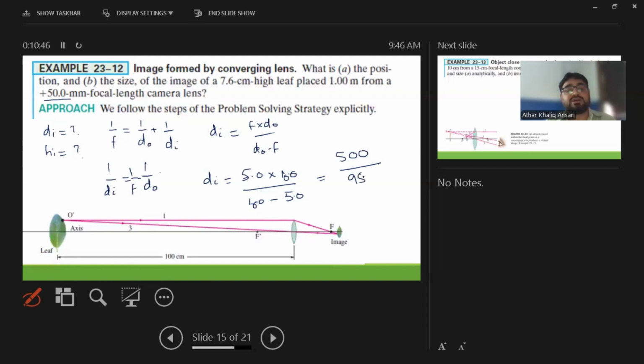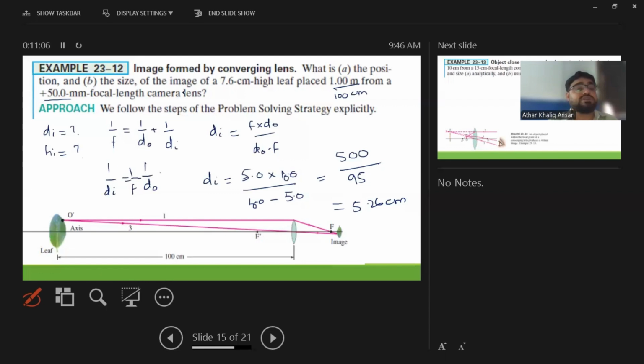Now it is correct. Because you need to convert meter into centimeter, so this is 100 centimeter. So 100 over 19 is how much? 5.26 centimeter. So we got it positive, it means it is correct.